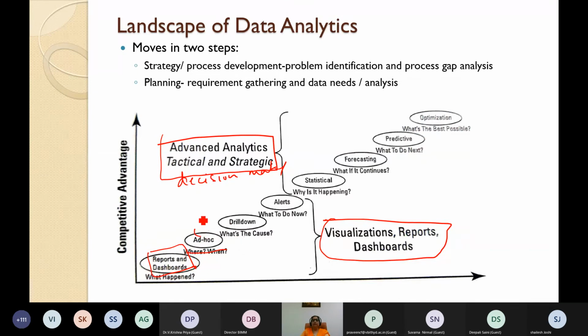Then using some QC tools, the Pareto analysis, the fishbone, the Ishikawa chart, you try to identify what the causes are. And depending on the kind of causes, you may do an FMEA analysis. Which cause brings in the major change?